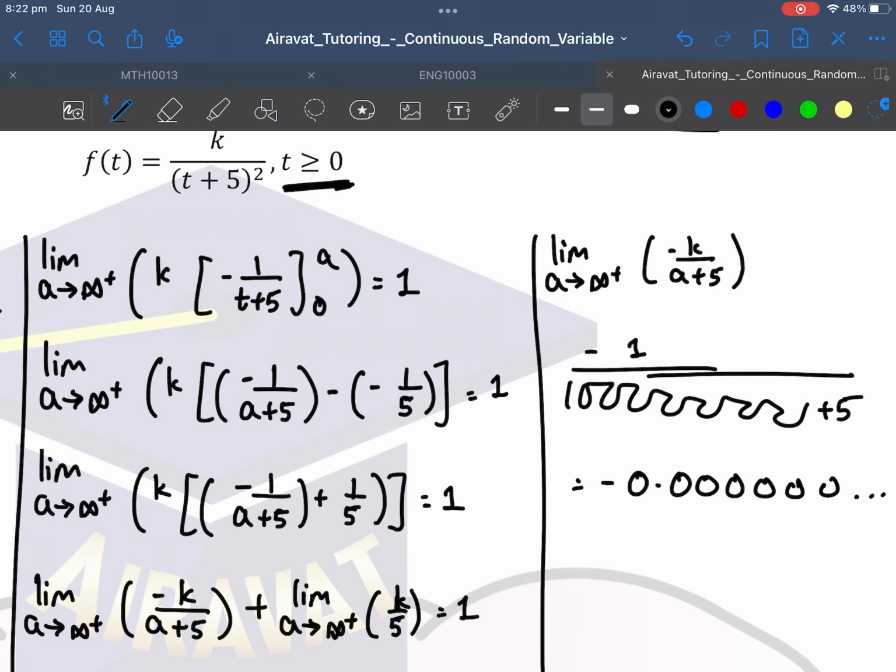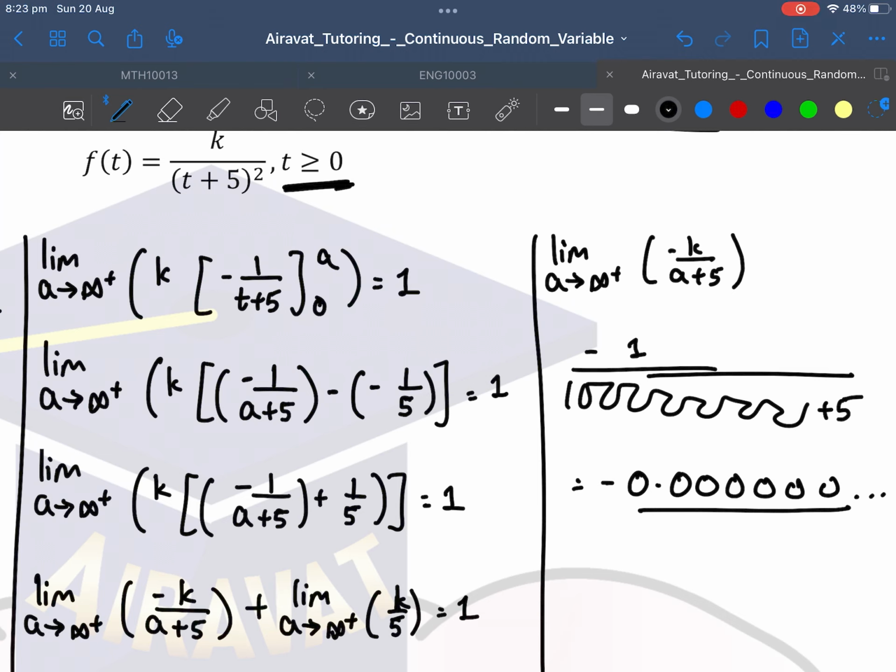So as a gets bigger and bigger, this whole fraction is just going to approach 0. Does that make sense? Okay, no? If I were to just put a really big number instead of a, as you can see, it's just going to be a lot of zeros first in decimal places, and then it's going to be 0.1, 2, whatever it is.